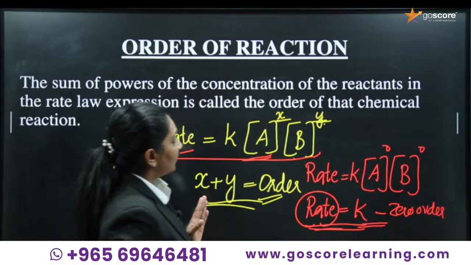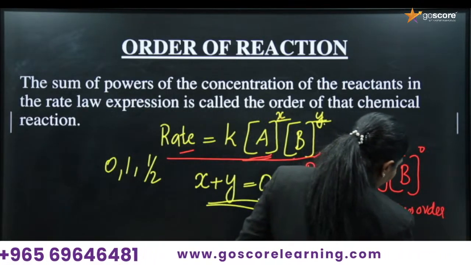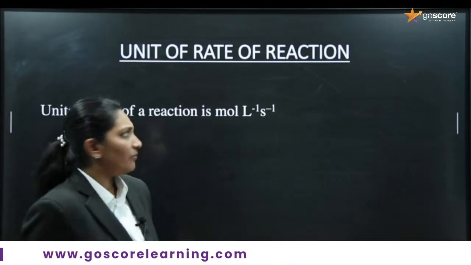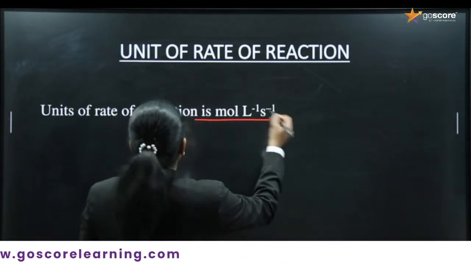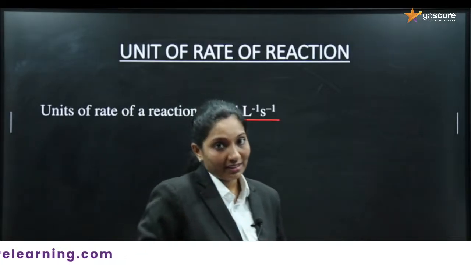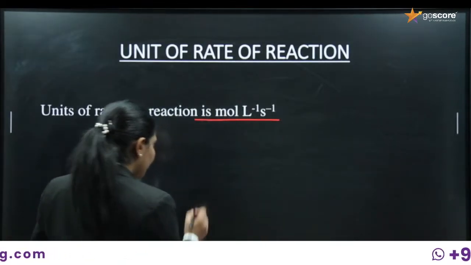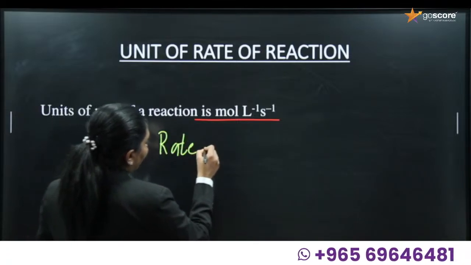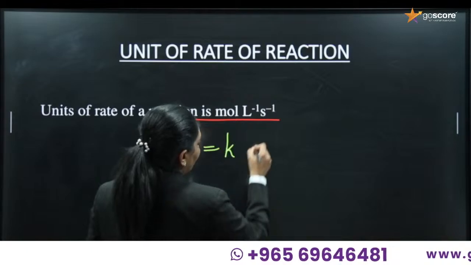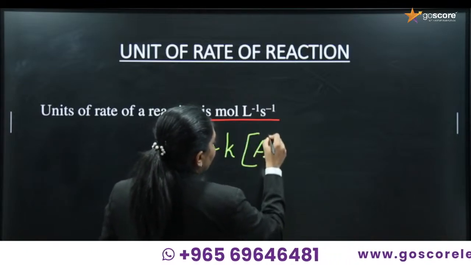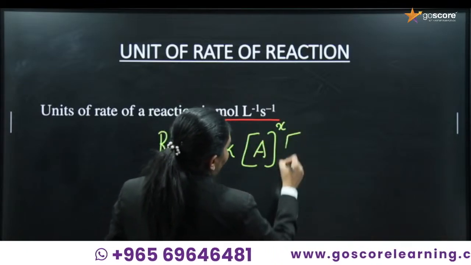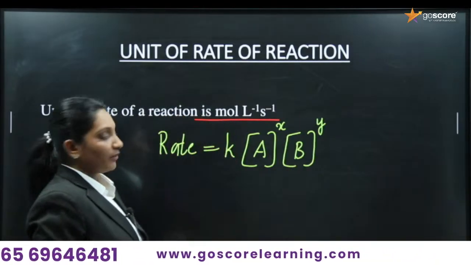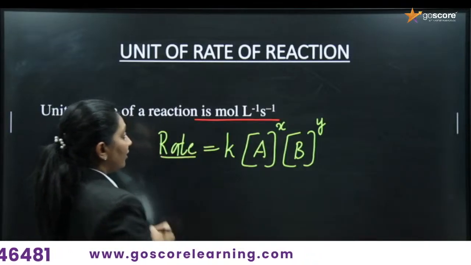Clear? Now see another important term, the unit of rate constant. We have already mentioned that the unit of rate of reaction is mole per liter per second. Now, as per the rate law, rate is equal to K, the rate constant, into concentration of A raised to X and concentration of B raised to power Y. What is the unit of rate of reaction?